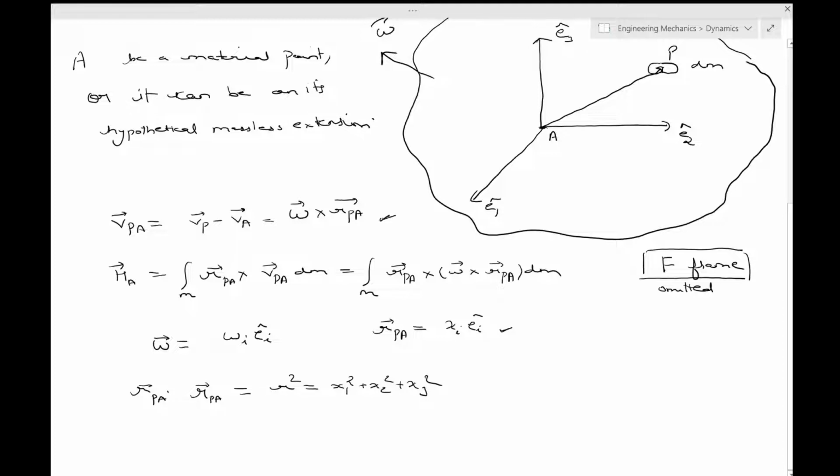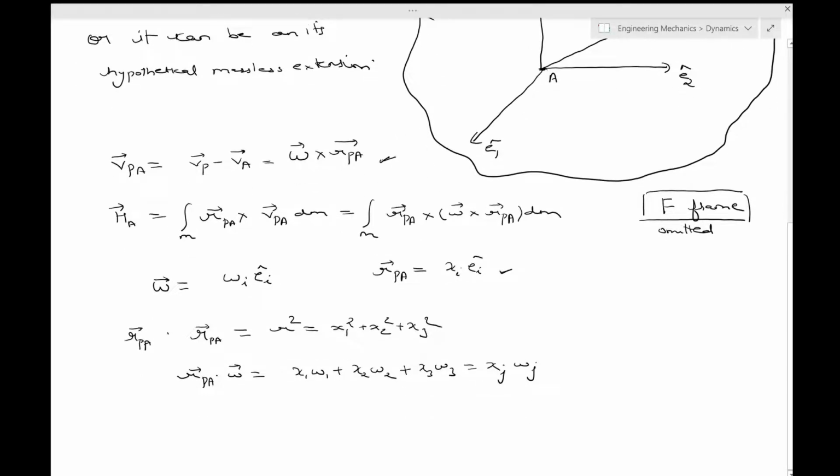And then you have RPA dot omega, which is x1 omega 1 plus x2 omega 2 plus x3 omega 3. This is xj omega j.